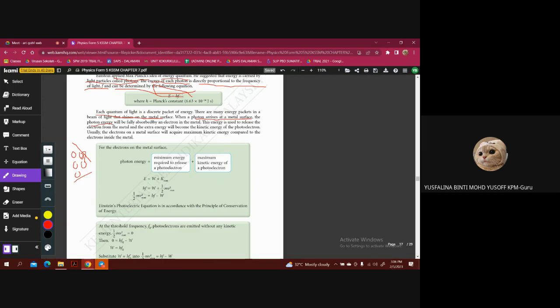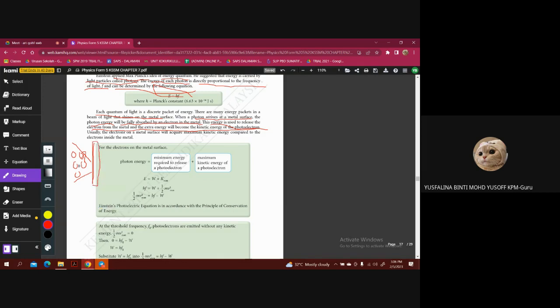will be absorbed by an electron in the metal. Then the energy is used to release the electron from the metal, and the extra energy becomes the kinetic energy of the photoelectron. Let's say I have a metal here.